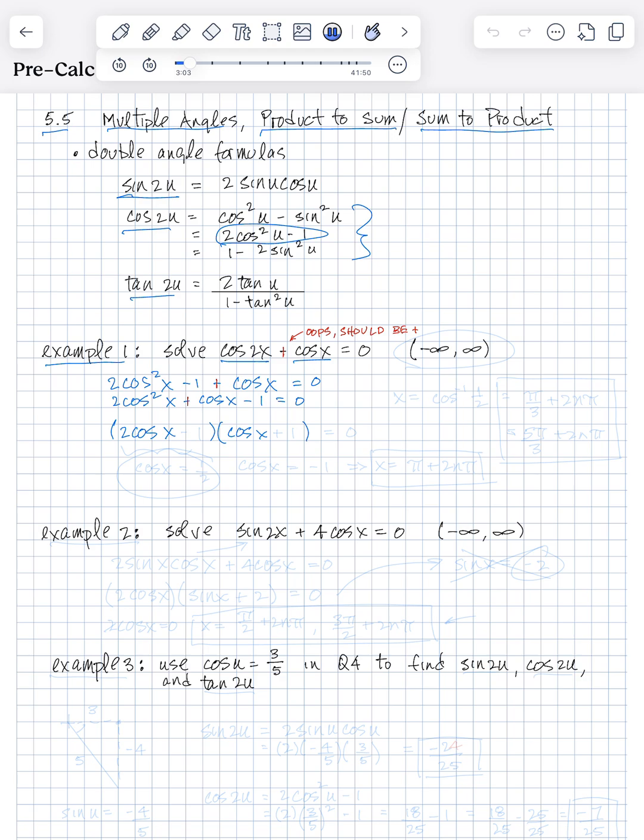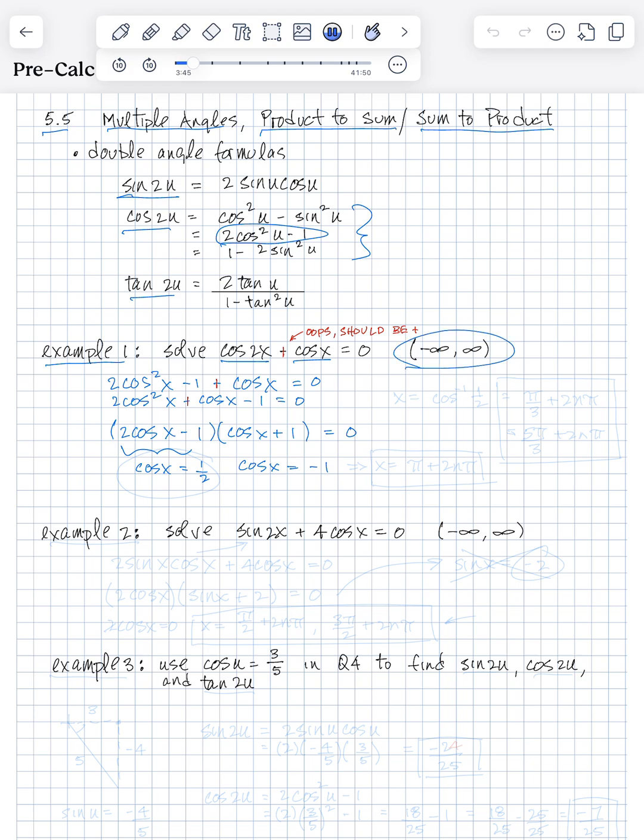And so the negative 1 we'll put here, and a plus 1. Remember, these equal 0. So now we can solve them individually. The first one gives us cosine x is equal to 1/2. And the other one, cosine x equals negative 1.